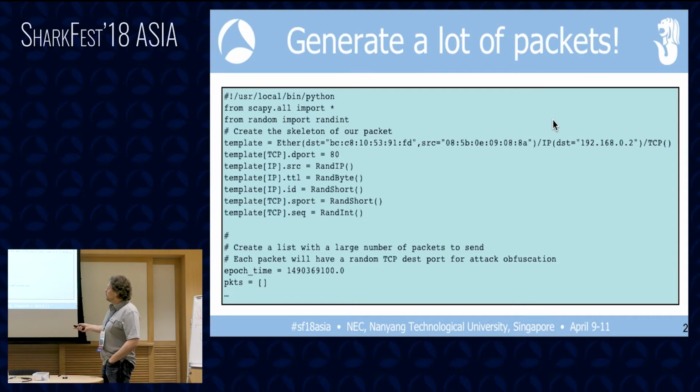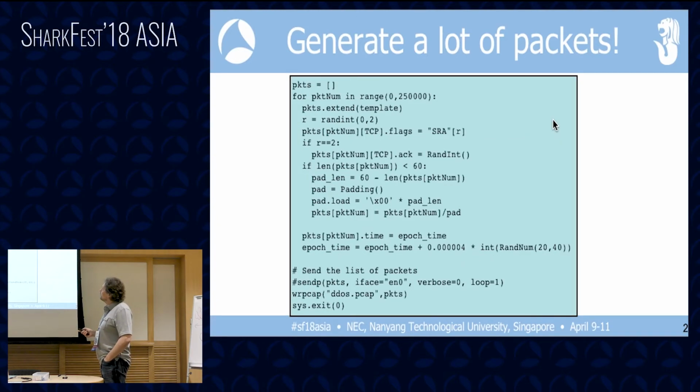I set the timestamp for the beginning of the packets, and now I'm creating 250,000 packets with this template, with a lot of stuff in it. It's a little more complex, but this way you just run a write command and you write a whole file of 250,000 packets. It takes a little while to do it, but it's okay.